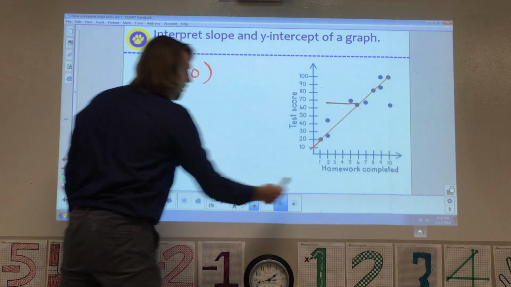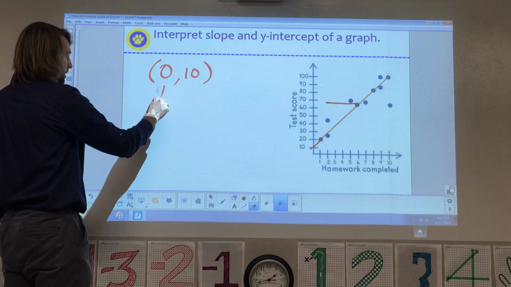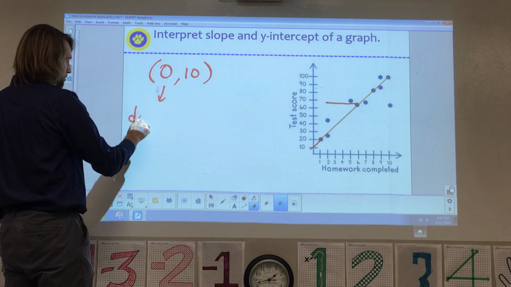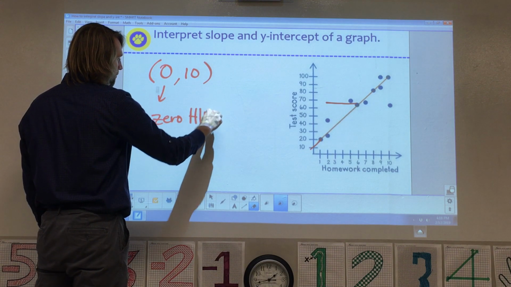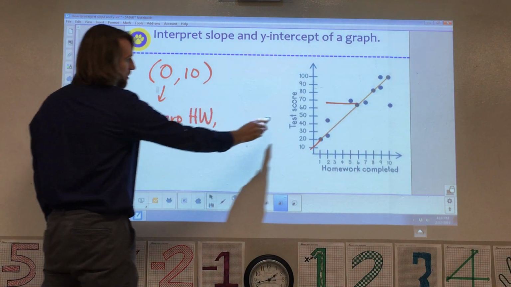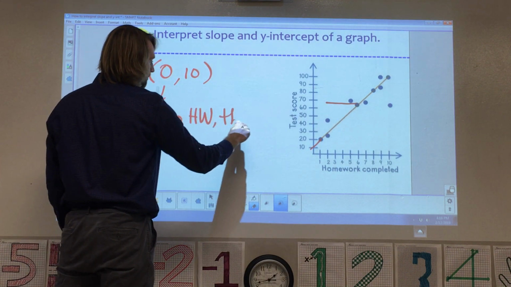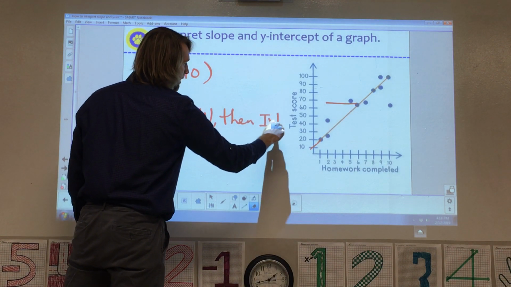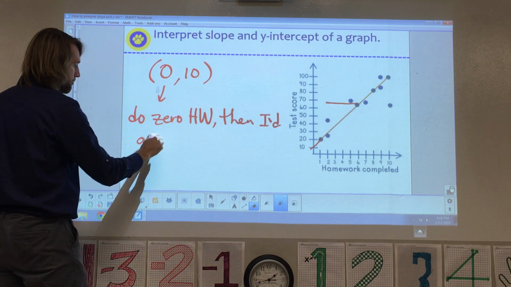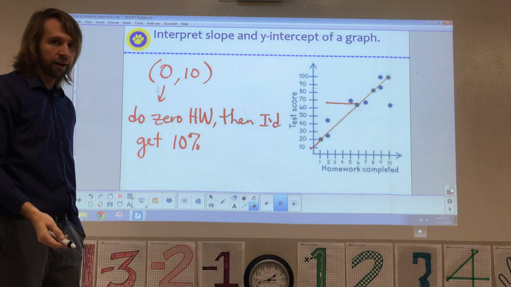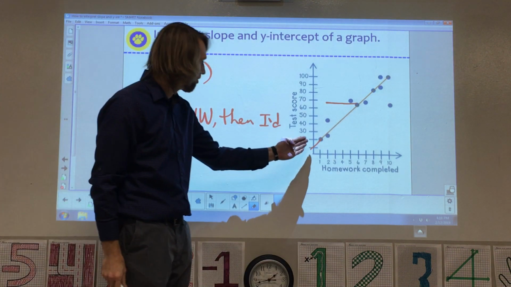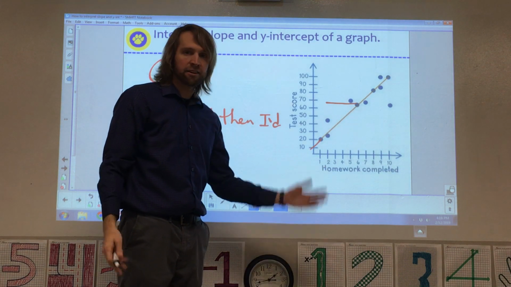The x was my homework completed, so if I do 0 homework, then that means my 10 is my y, so I'd get 10%. In general, I could say the y-intercept is the score I would get if I didn't complete any homework.